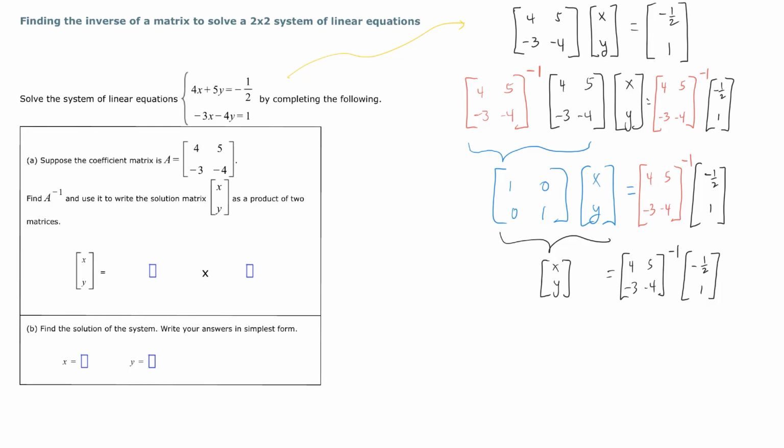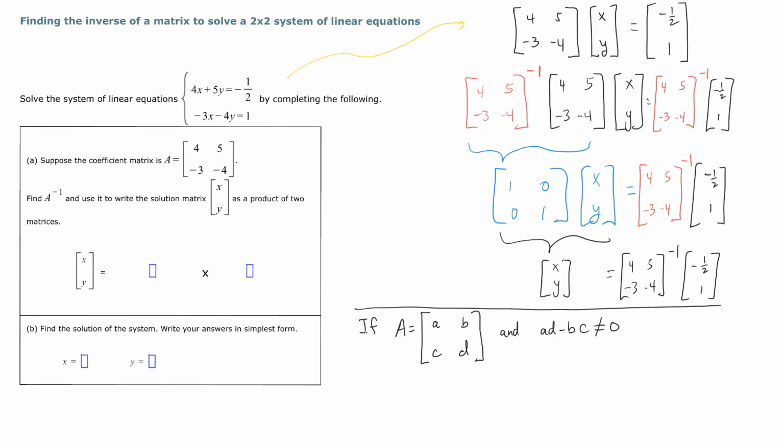So let's say you have a matrix A that equals A, B, C, D, with 4 constants in those 4 positions, and AD minus BC is not equal to 0. Then the inverse of A can be given with this formula.